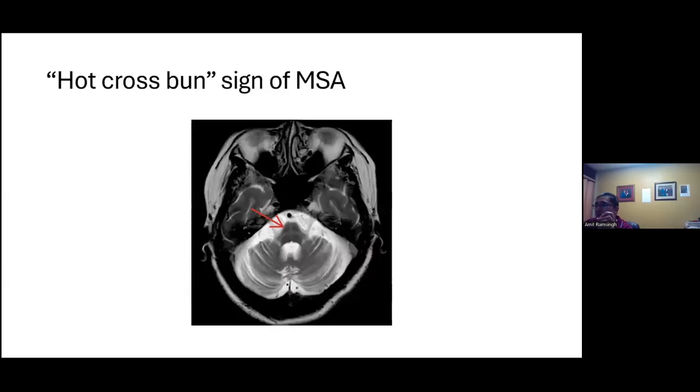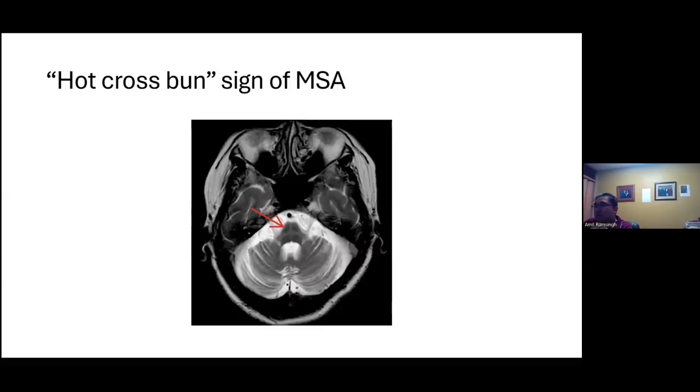In terms of our radiological investigations, there are usually 2 signs that we look at. On an MRI brain, on this T2 weighted image here, they usually refer to this as the hot cross bun sign, and it refers to the hyperintense pattern that we see at the pons, right? That forms somewhat of a cross here, right?